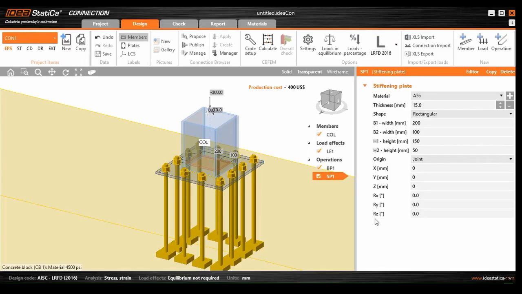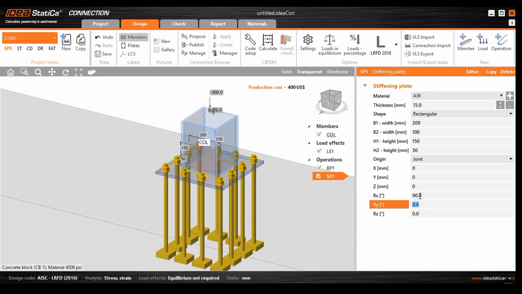I change the value of Rx here to 90 degrees. The plate is now 90 degrees rotated about x-axis. Now change the values according to its dimension. I want it to be 640 millimeter in width and 300 millimeter in length.